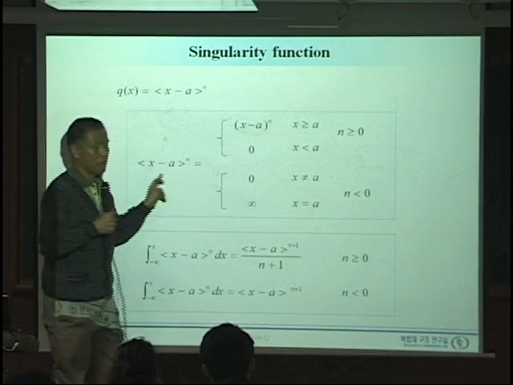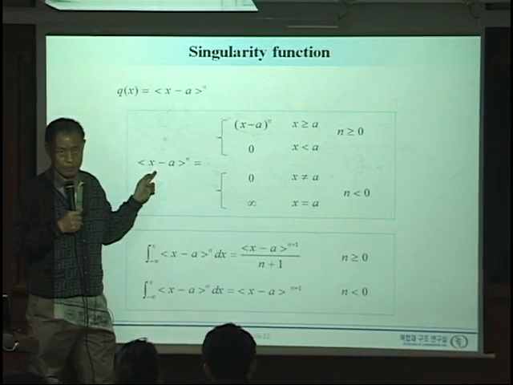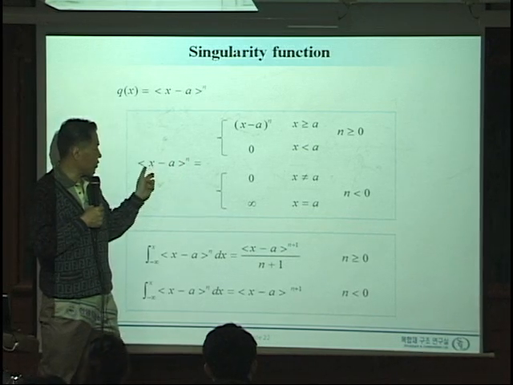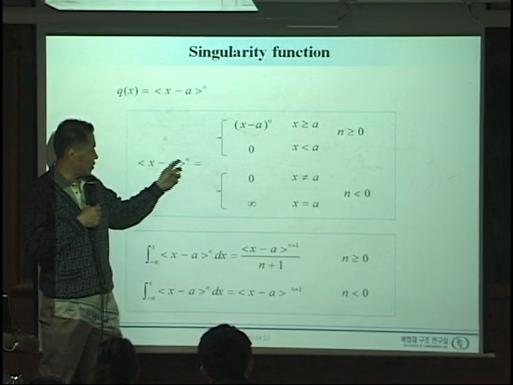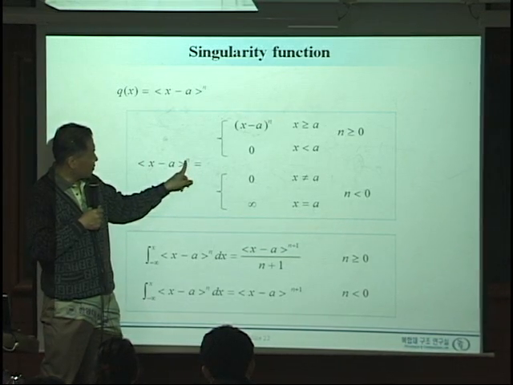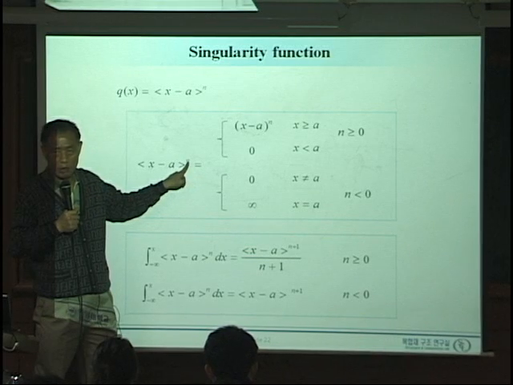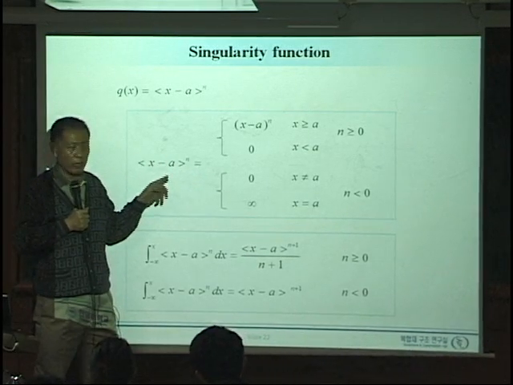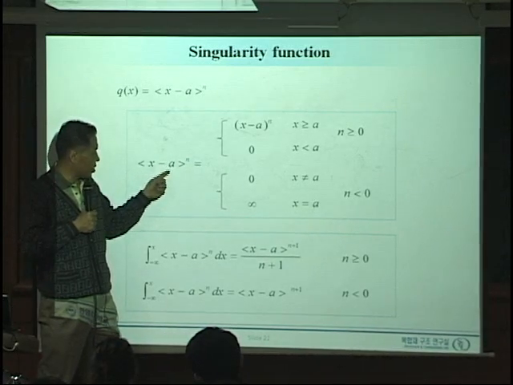So this is what we call a singularity function, and we define this symbol. Okay, this is not a regular parenthesis. This is the singularity function, and pay attention. There is n, the power, and there is x minus a. This can be any function, but the typical form is x minus a.